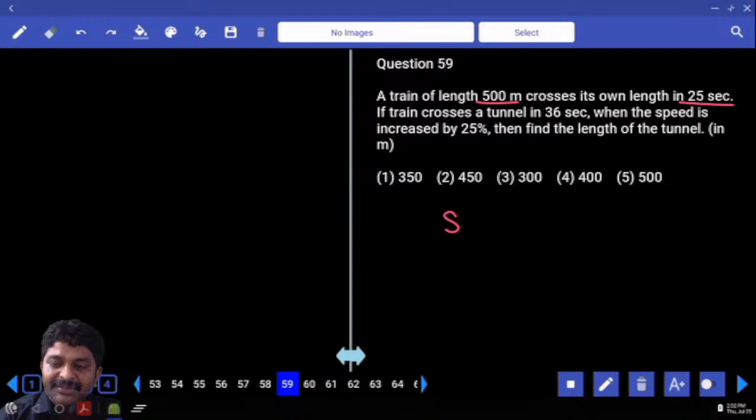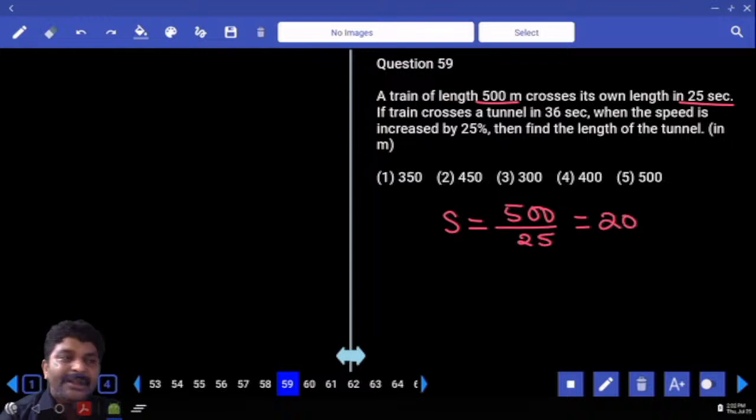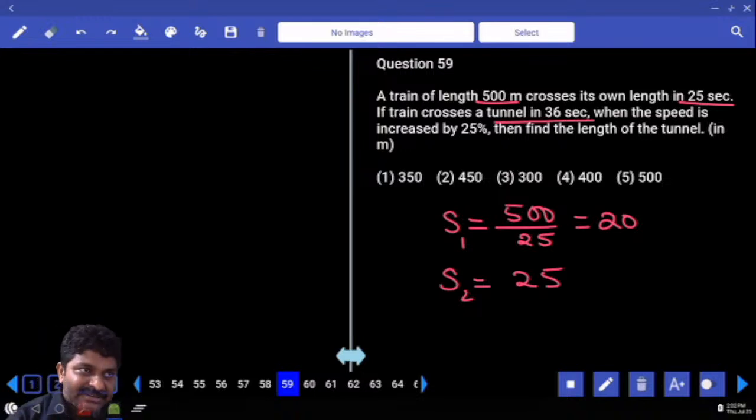With this, we can identify the speed of the train. 500 meters covered in 25 seconds, which is 20 meters per second, the speed in the first case. But in the second case, speed increased by 25%. Now it becomes 25. Now with this speed, it crosses a tunnel in 36 seconds.